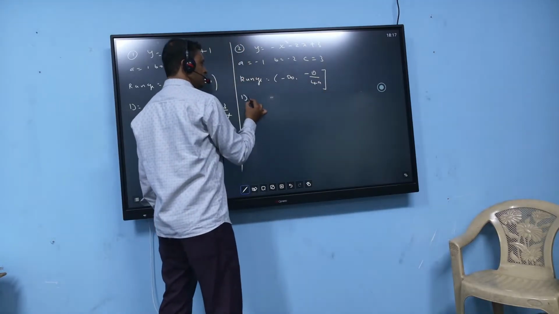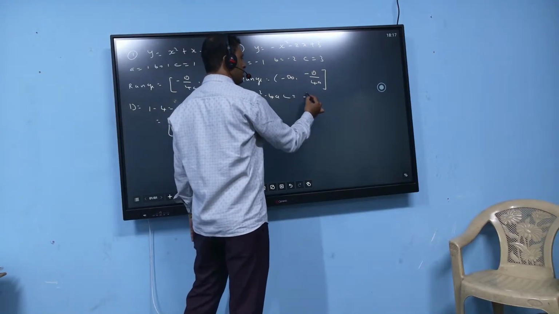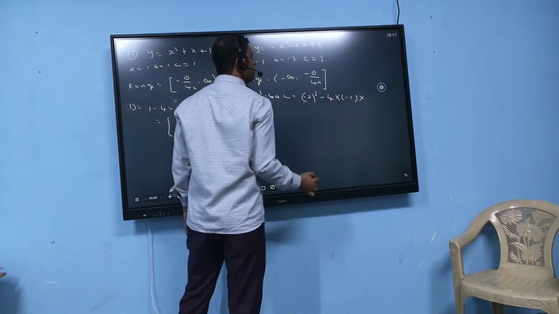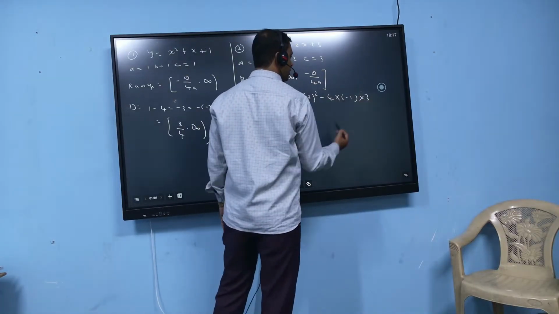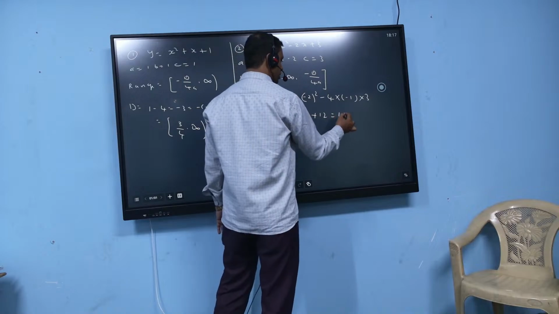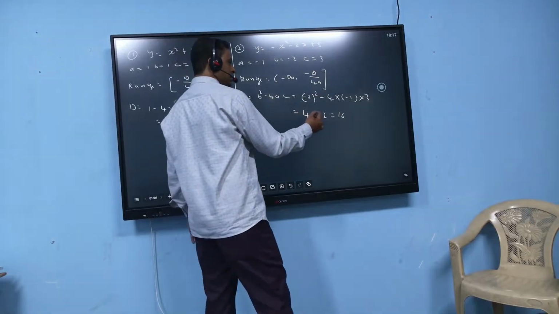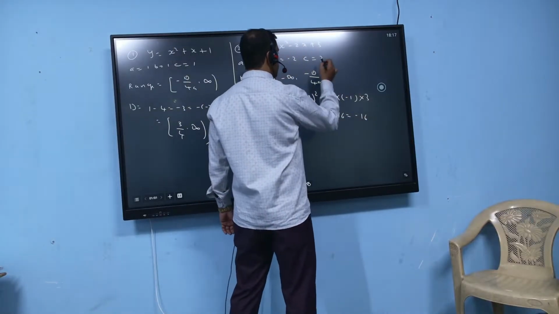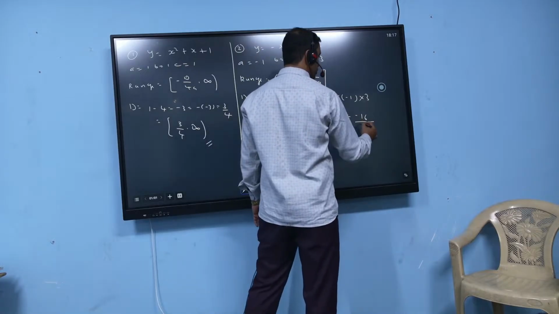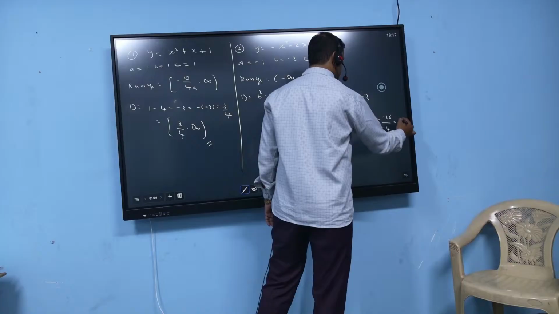So what is D? B square minus 4ac, that is b is minus 2 whole square minus 4, a is minus 1, c is 3. Correct? So 4 plus 12, 16. So minus 16. Why minus? Because of this formula. So divided by 4a, 4a is minus 4. So minus 16 by minus 4 is nothing but 4.